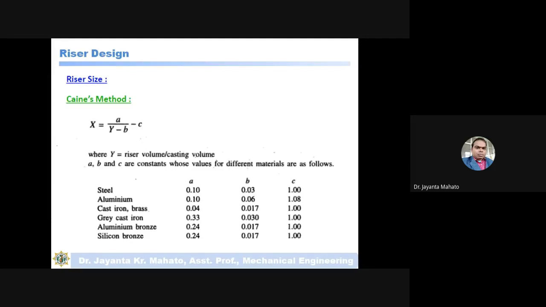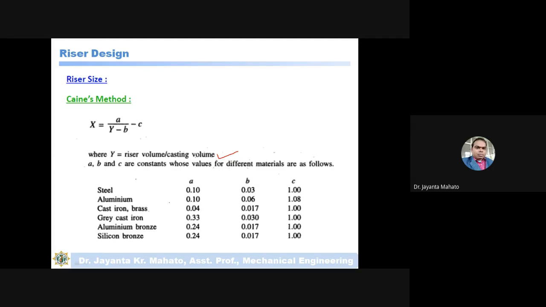In this method, the freezing ratio X is nothing but A divided by Y minus B, plus C. Here Y is the riser volume divided by casting volume, and A, B, C are constants. These constants are different for different materials. For steel, A is 0.1, B is 0.03, and C is 1.0.